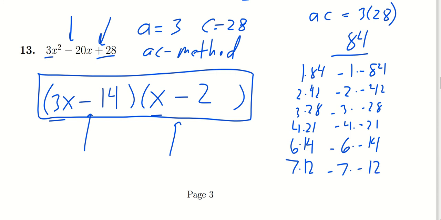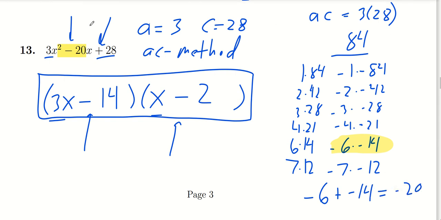And then what you're looking for is which of these combinations has a sum of factors that adds up and gives us a negative 20. So if I'm looking to get a negative 20, I can use negative 6 plus negative 14 to get negative 20.